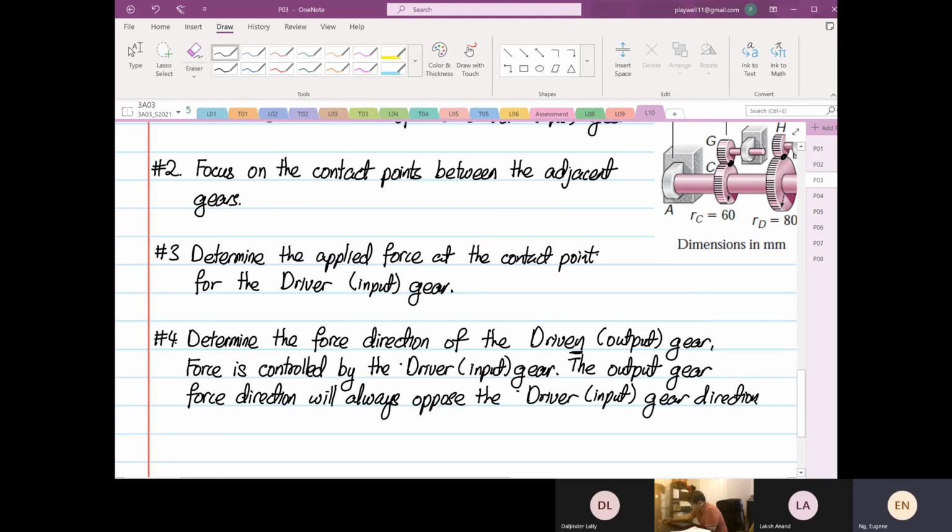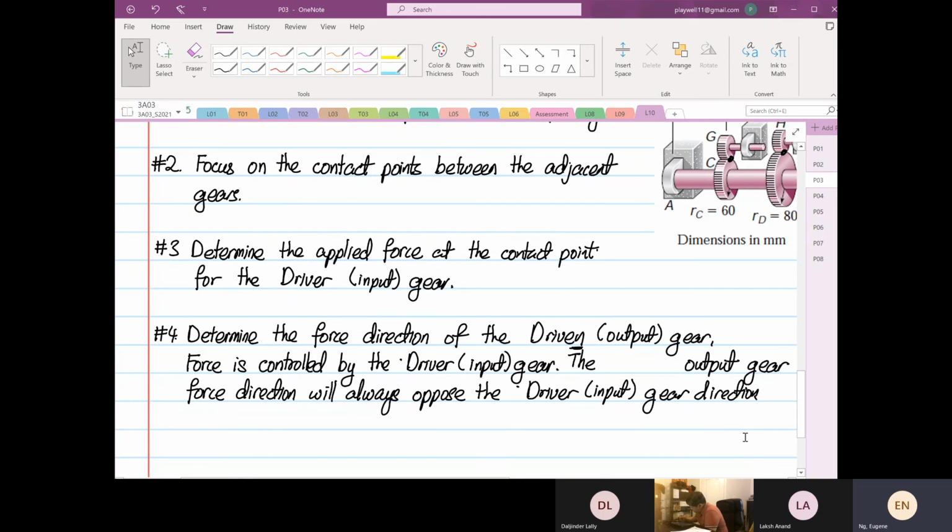The top part of the sentence I have to move because I forgot to put in the term driven. And I'm going to show this.